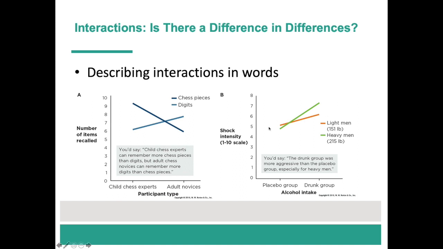For this one, we could say something like the drunk group was more aggressive than the placebo group, especially for heavy men. So this group over here, the drunk group, is higher. These two together is higher than these two together. But it's most particularly high for this group, the heavy men. So the drunk group was more aggressive than the placebo group, especially for heavy men.